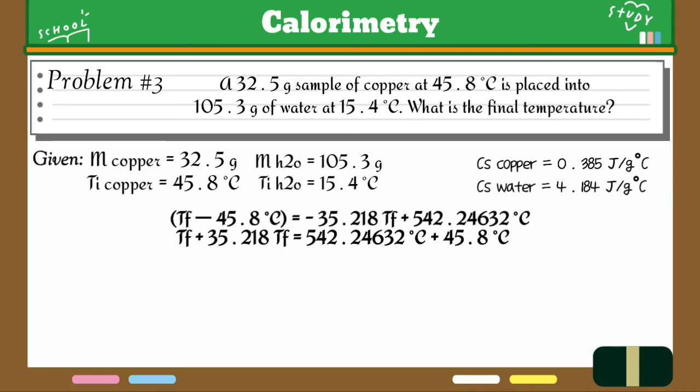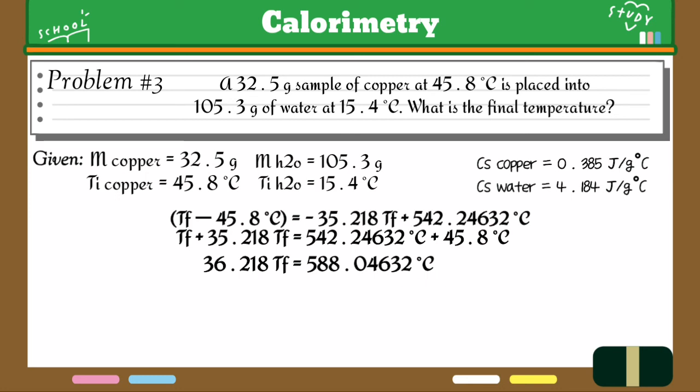Even if you can't see it, there's a 1 in front of Tf, so that it will turn to 36.218. 542.24632 plus 45.8 is equal to 588.04632.